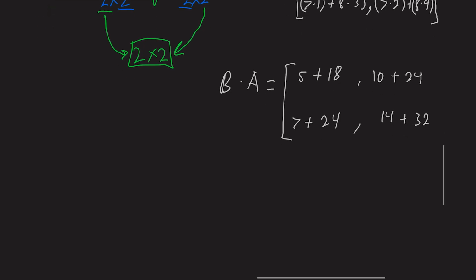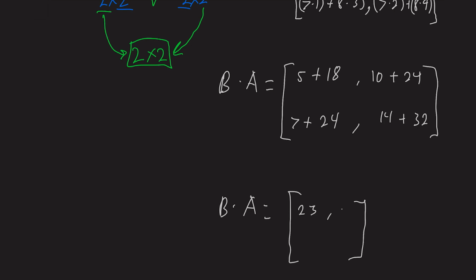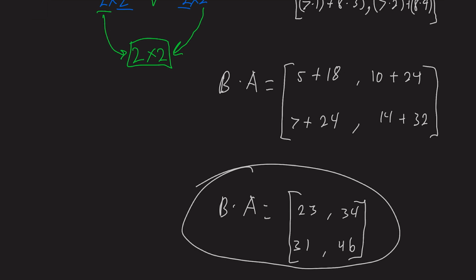And now we're going to do that simplification of addition one more time to get our final 2 by 2 matrix: 23, 34, 31, and 46. That, ladies and gentlemen, is how we multiply matrices. Thank you all so much for tuning in, and enjoy life.